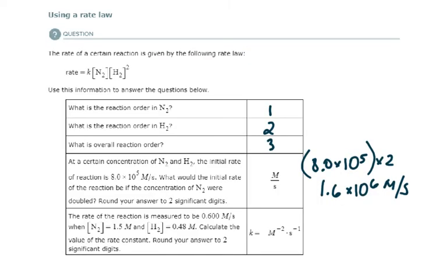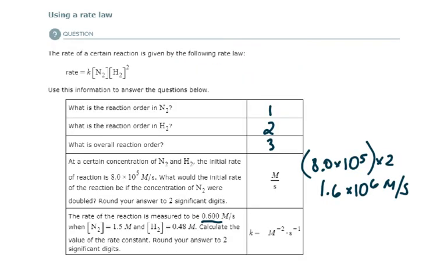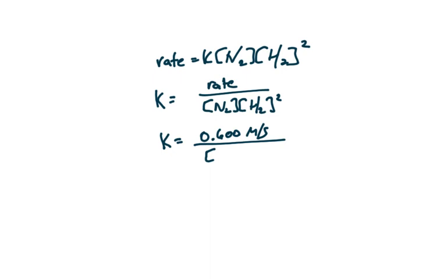The rate is 0.6 M per second. The concentration of N2 is 1.5 and H2 is 0.48. So 1.5 molar, 0.48 molar. But this is squared.